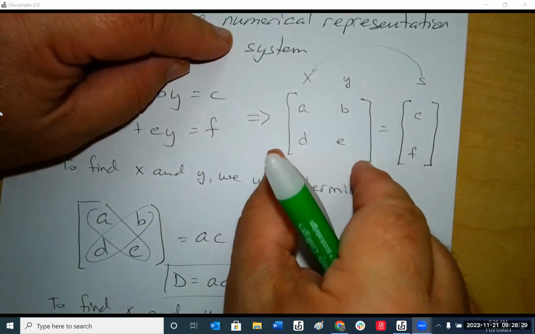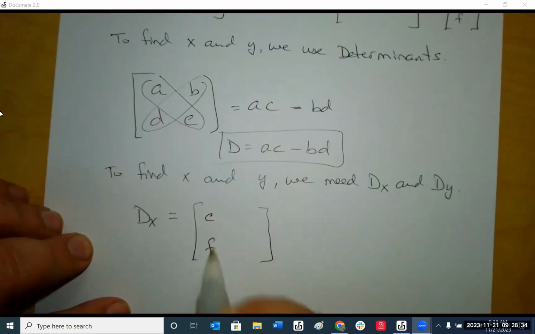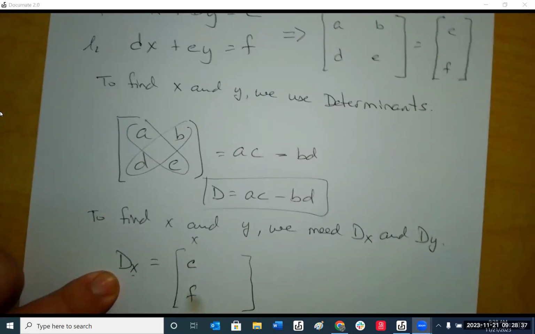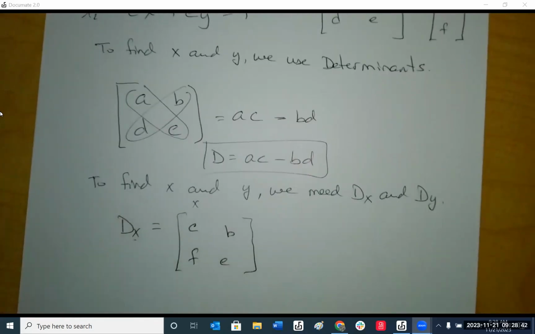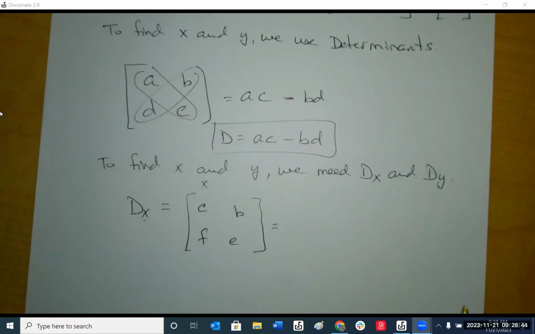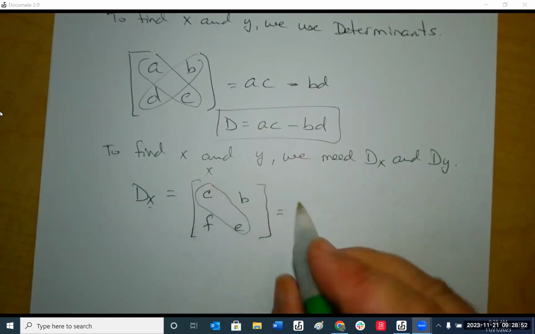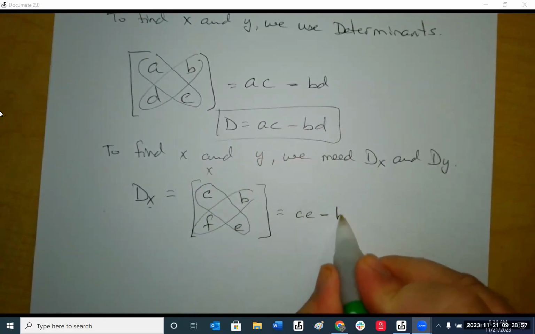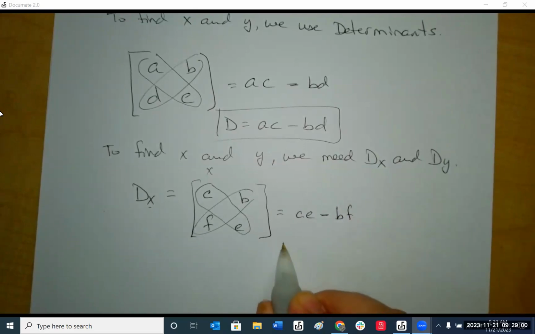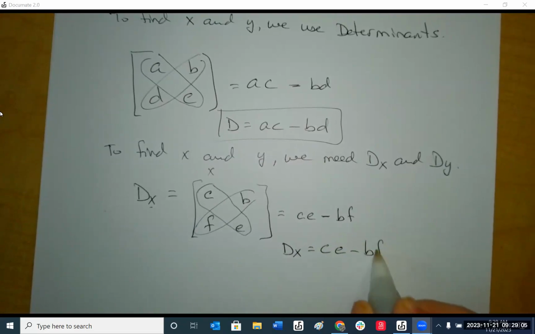Remember, this is the one we'll take the determinant of. So here, I'll have CF, since I'm solving for X, and I leave the Y's alone. B, E. And we do the same way. Multiply these two together first. C times E minus this one. B times F. So my dx is C times E, B times F.